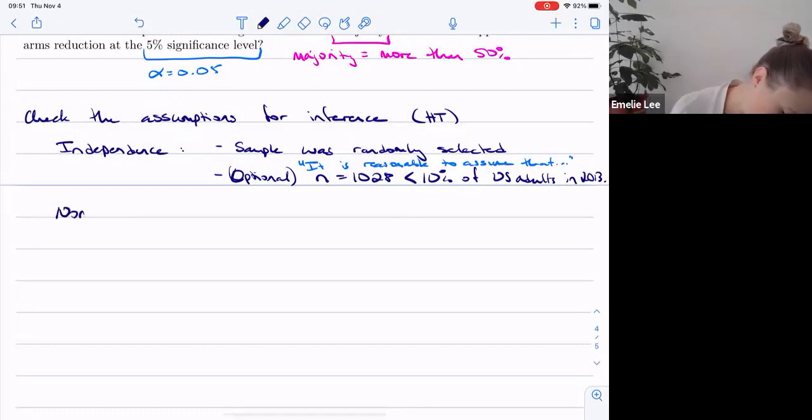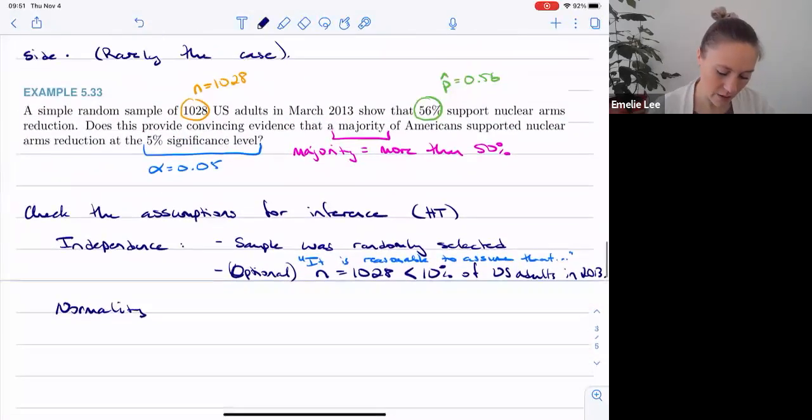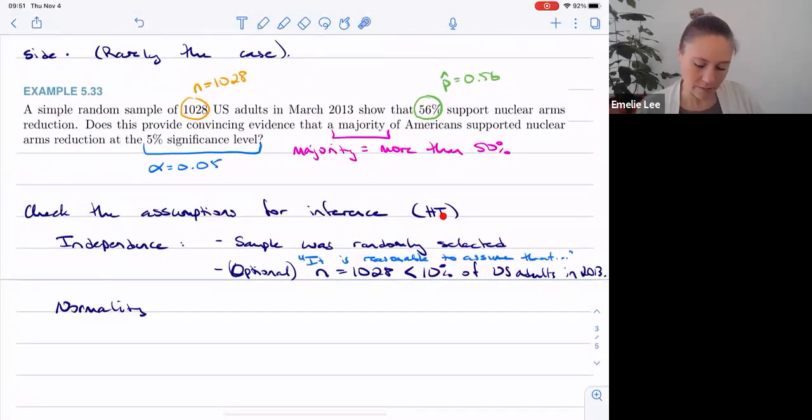Now, for the normality condition for a hypothesis test, remember we check the hypothesized number of successes versus the hypothesized number of failures, or the expected number.